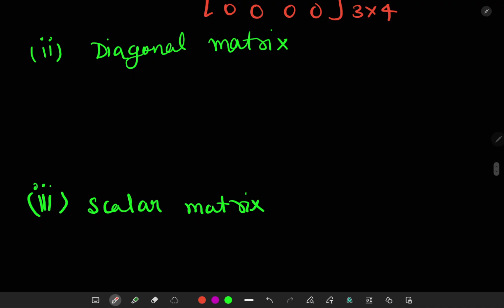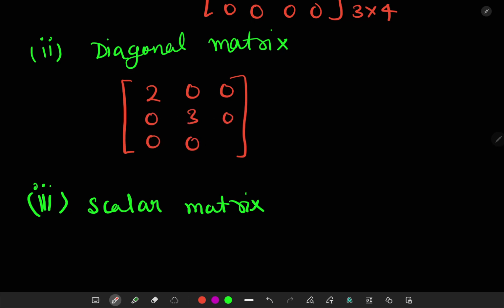Now diagonal matrix. This type of matrix is called a diagonal matrix, in which only the diagonal elements are not 0. These are diagonal elements.